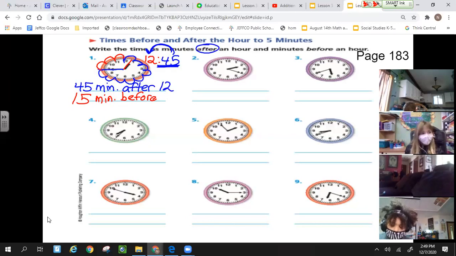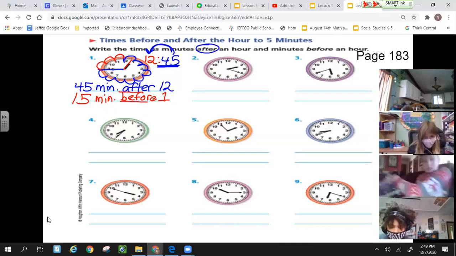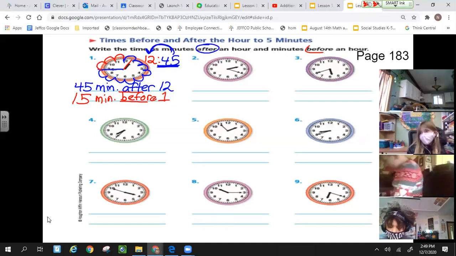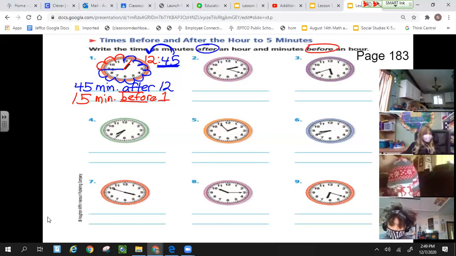It has to be the next hour, 1. 15 minutes before 1. Or I could say a quarter till 1. But because we're using the words after and before, I'm going to go ahead and just say 15 minutes before 1 o'clock.